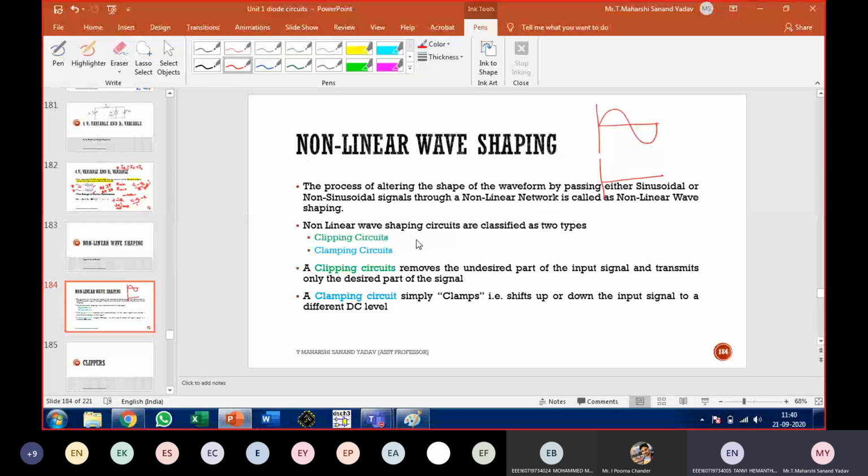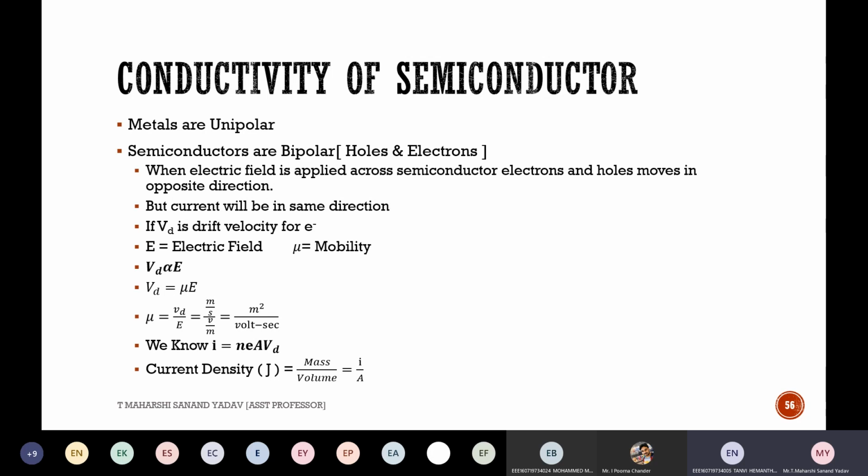So if there is any noise present in the output waveform, we make use of the clipper circuit in order to remove it. Now, the clamping circuit is used to add a DC value, which means it will clamp either in the positive or else in the negative direction.